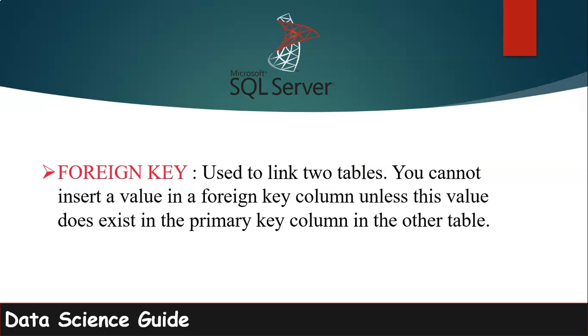So you cannot put any value in the department ID in the employee table, in this case the foreign key, without this value already existing in the primary key. So that's how we can link two tables together.